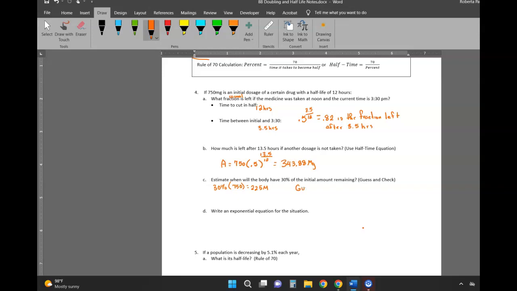For my first guess, just guess 20 hours. Again, we just need a starting point. And we end up with 236.24 milligrams. So my 20-hour guess was not too far off, but I need to go a little bit longer because I need to get down to 225. So I'm going to go for 25 hours.